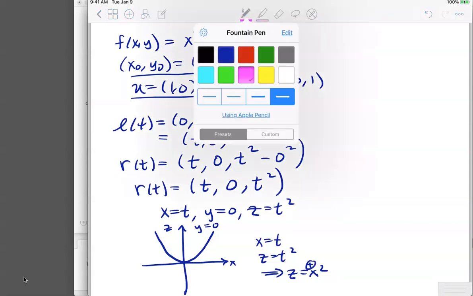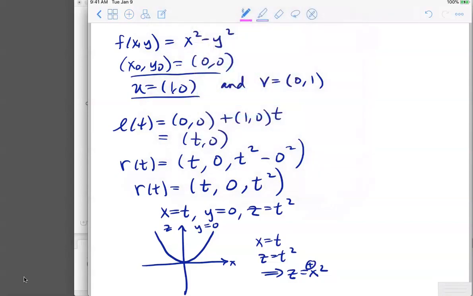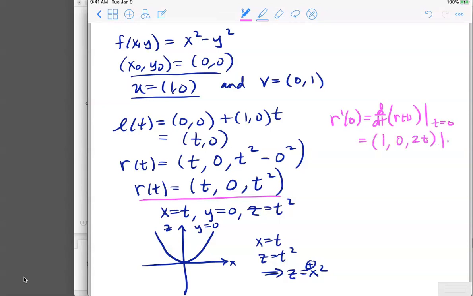Now, you'll recall from the past that we have taken this curve on our surface and computed its derivative at 0. If you take the derivative with respect to t of this as a vector valued function, and then evaluate it at t equals 0, you'll get 1, 0, comma 2t, and then 1, 0, 0.